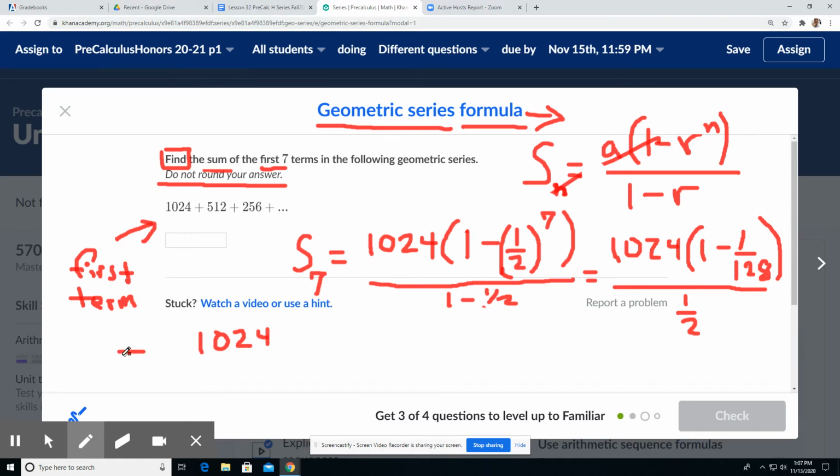So this is equal to 1 minus that, and use a calculator if you need to, or do it by hand. But this one's just a little math trick. You're just taking off 1 out of the whole. So that's going to leave you with 127 left over 128, all over 1/2.